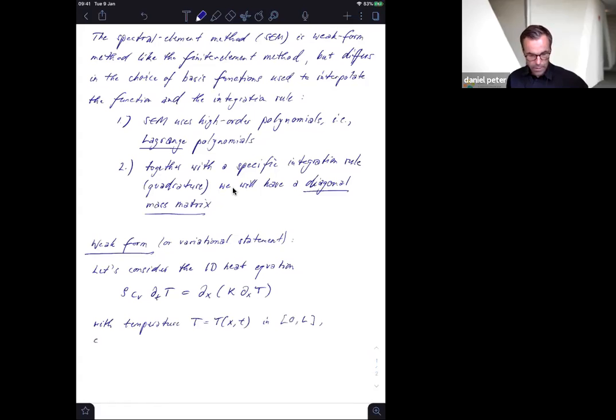CV, that's the specific heat capacity. Then we have rho, the density. And we have kappa, which would be the thermal conductivity.